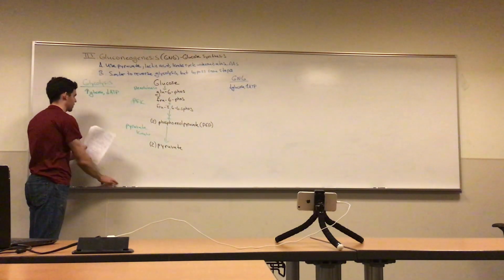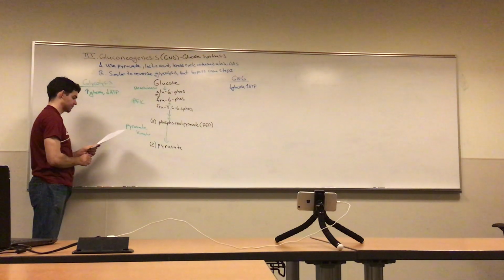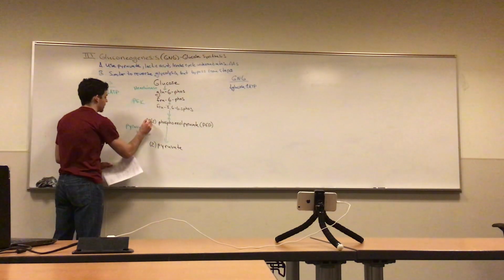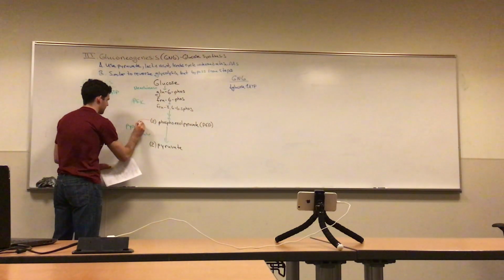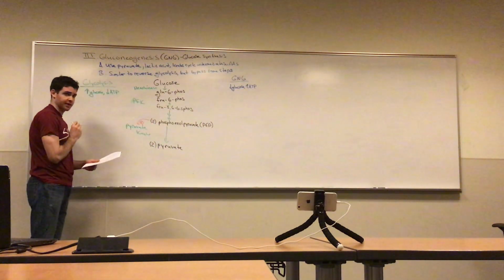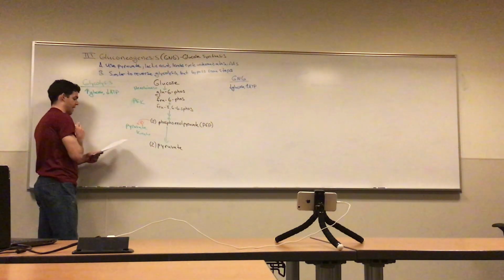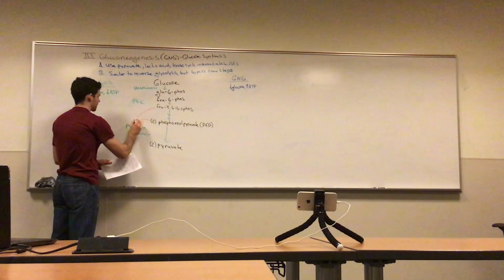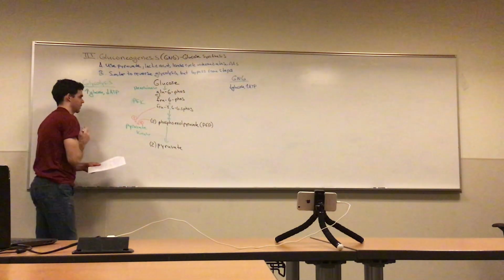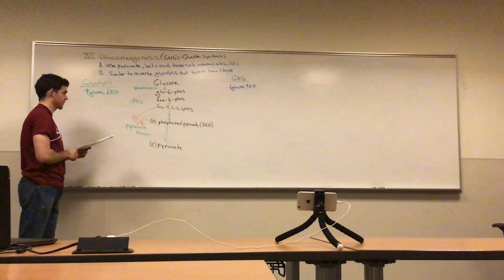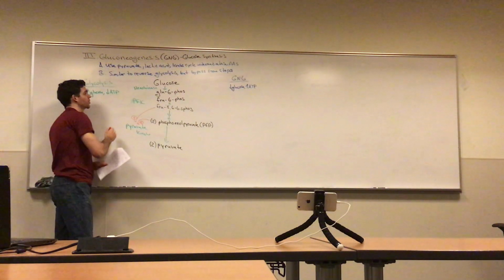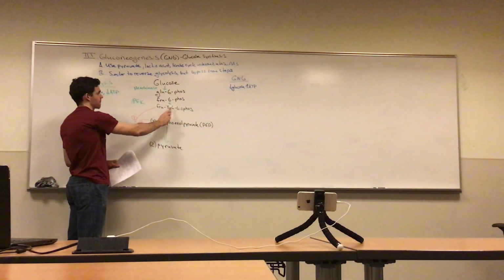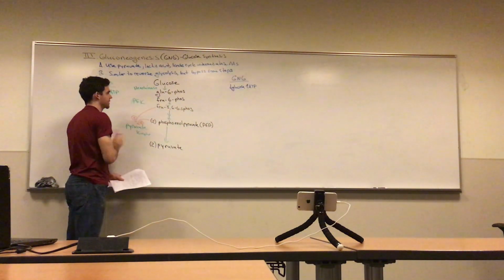Now, pyruvate kinase also has some allosteric regulators. One of them is phosphoenolpyruvate itself, a positive allosteric regulator. And then fructose 1,6-bisphosphate is going to be a positive allosteric regulator of this thing, right? So once we make this fructose 1,6-bisphosphate, this molecule is committed to glycolysis.